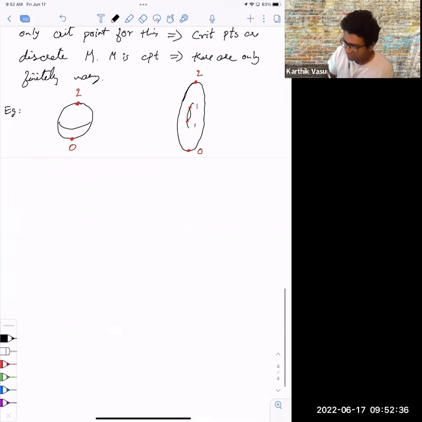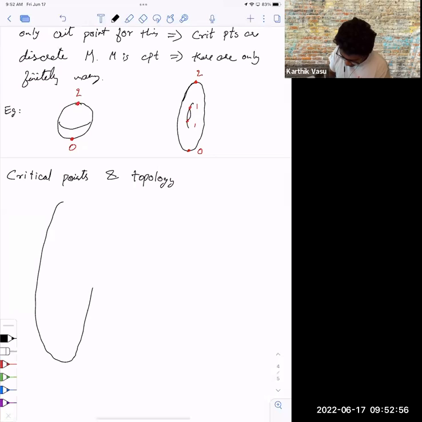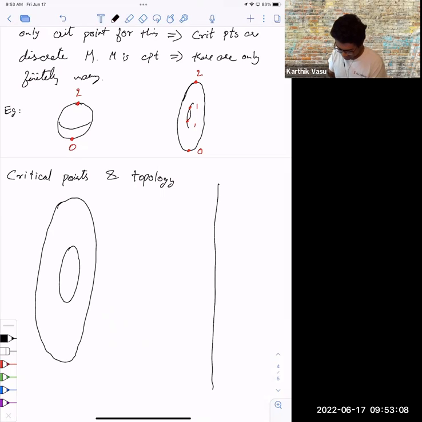So now how do these critical points relate to topology? Let's take the example of the torus. Let's say this was a real number. Let's say I start at negative infinity here and keep going up.